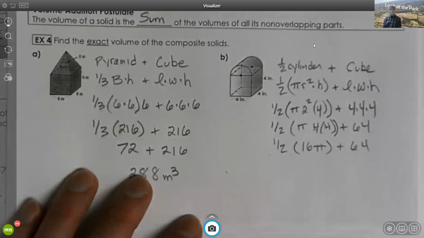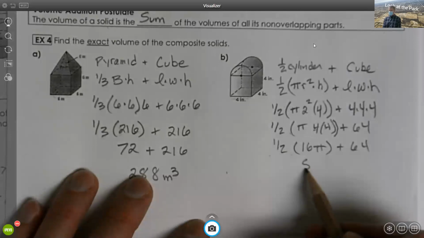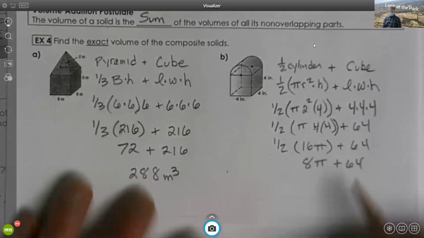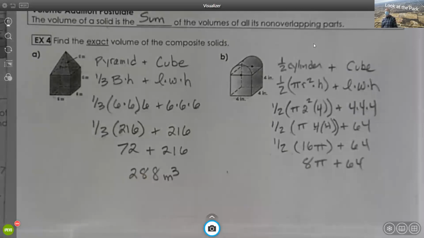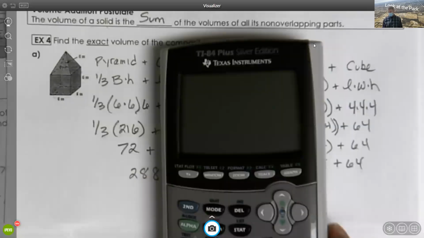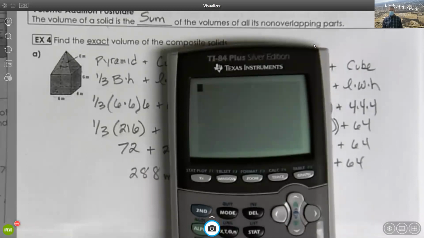And when we take half of that 16, that is going to be 8. And from here, these are unlike terms. You cannot say it's 64 plus 8 pi. It has to be separated calculations. If you wanted to do that with your calculator, you could type in the 8.